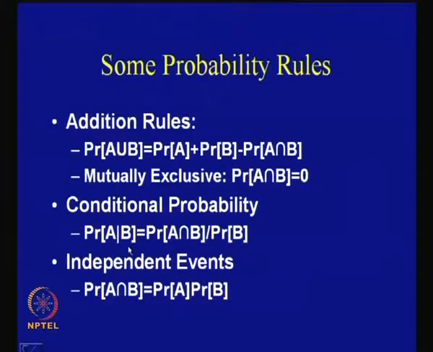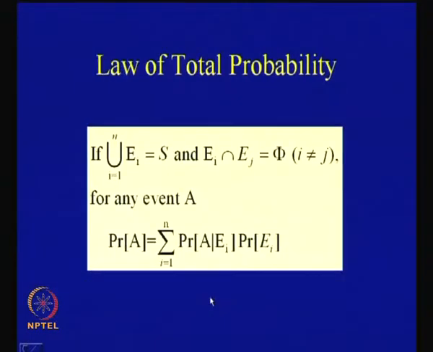It is the same as probability of A, because A does not depend upon the outcome of B. Therefore probability of A intersection B becomes equal to probability of A multiplied by probability of B, when A and B are independent.